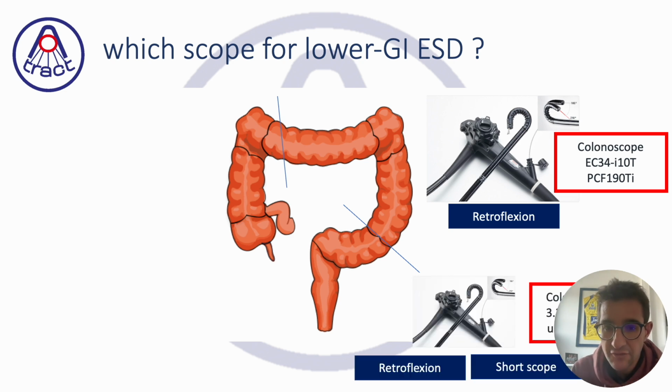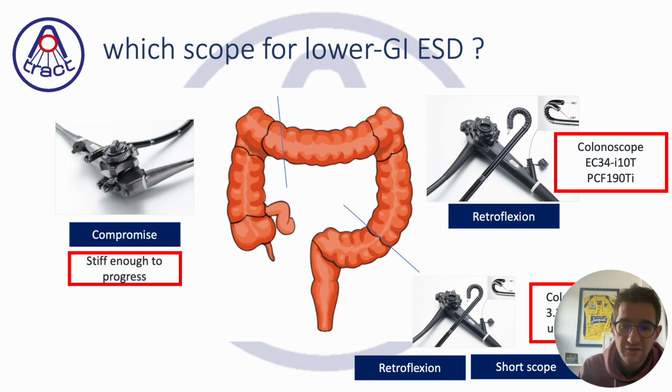For me, I use a therapeutic colonoscope with very good bending in the rectum, the left colon and the descending colon, but for the right colon, I try to use a compromise. For example, among Olympus scopes, the PCF 190L, which is more stiff than the therapeutic scope, allows me to work relatively well with good maneuverability in the right colon.